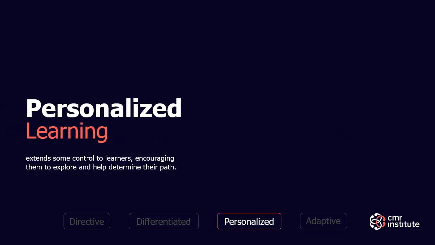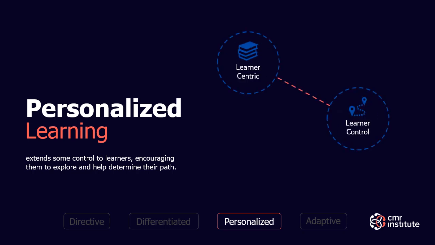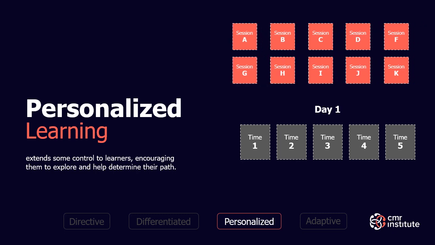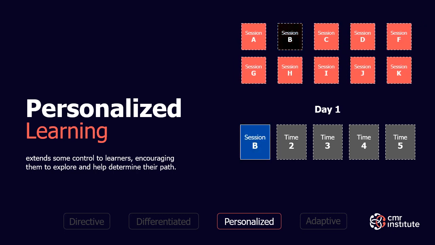Unlike differentiating, which is still entirely directive driven, with personalized learning, you begin to extend some control to your learners, encouraging them to explore and help determine their own path. Think about attending a learning conference, much like this L10 event, where there are lots of options for learning experiences, but you get to select the ones you're most interested in.